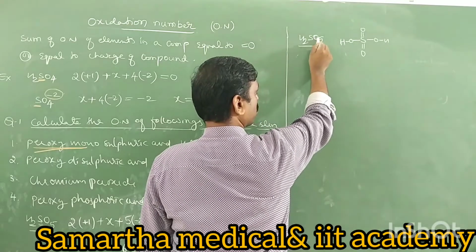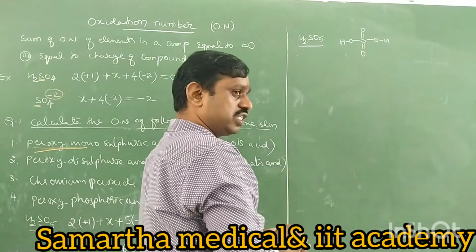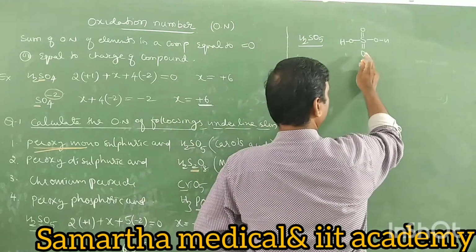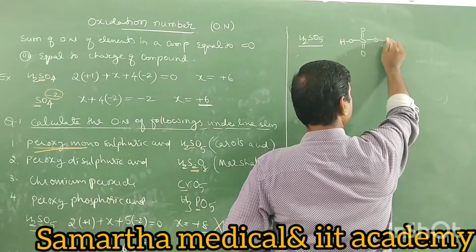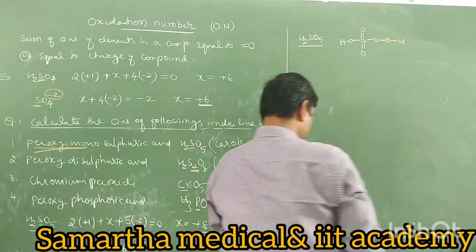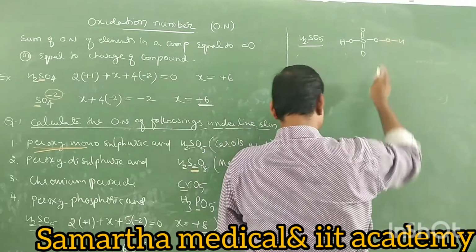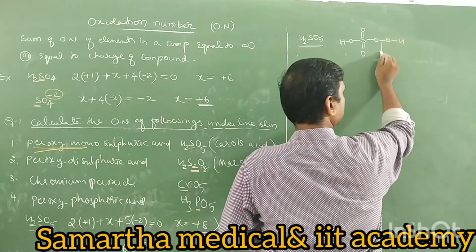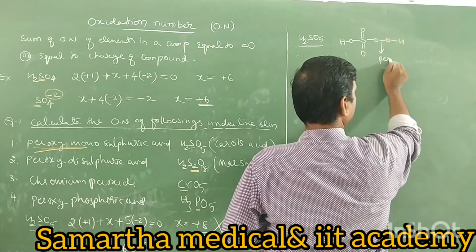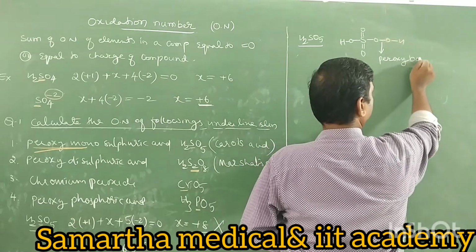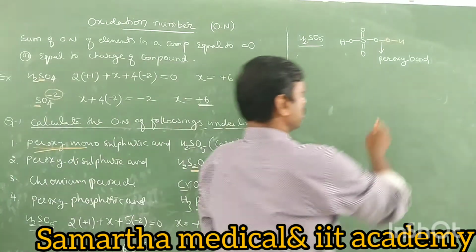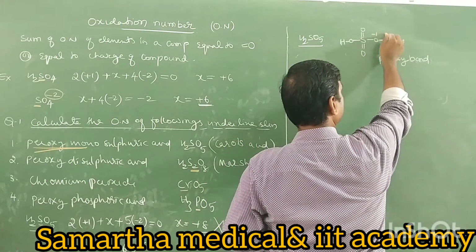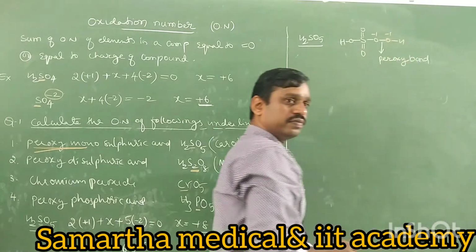There is one oxygen more. That is 1 2 3 4, here 5 oxygens. Now this oxygen bond is called a peroxy bond or peroxy linkage. Since there is one peroxy linkage, this oxygen is -1, this oxygen -1.